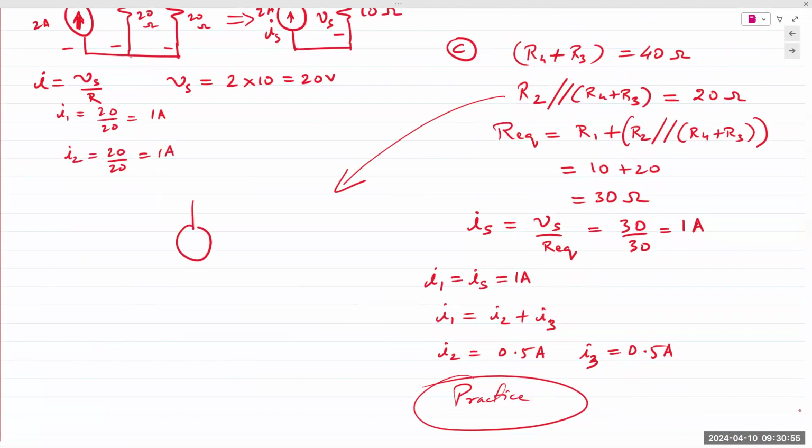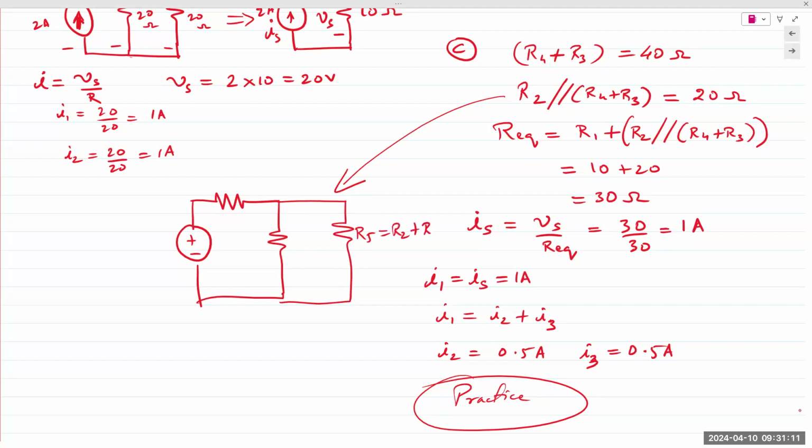I'll draw up the circuit. So we have R1, and then we have, let's call this R5, which is the combination of R2 and R3, right? So this was 40 ohms, and this is already R2, 40 ohms.